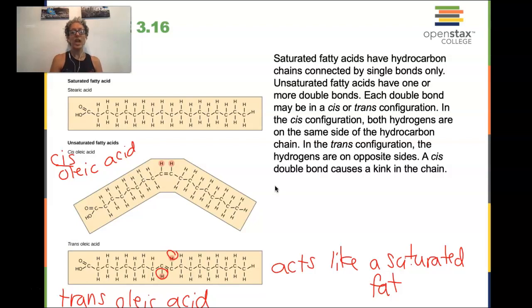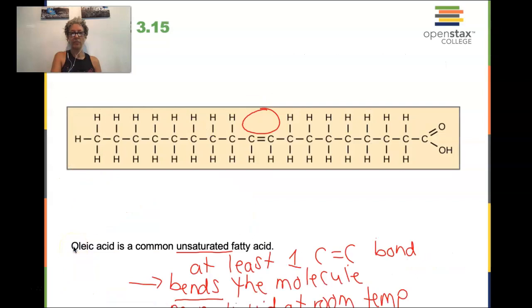I mentioned cis and trans with regard to structural isomers in the previous lecture. And with regard to fats, it depends on the position of the hydrogens around that double bond. So we have cis-oleic acid and trans-oleic acid. The oleic acid is the unsaturated.